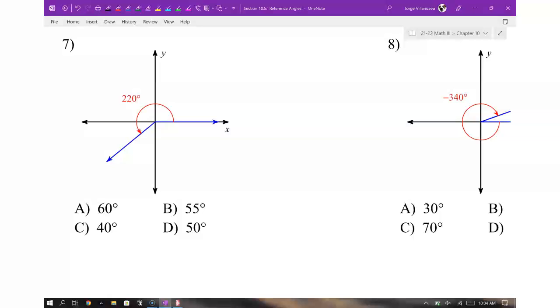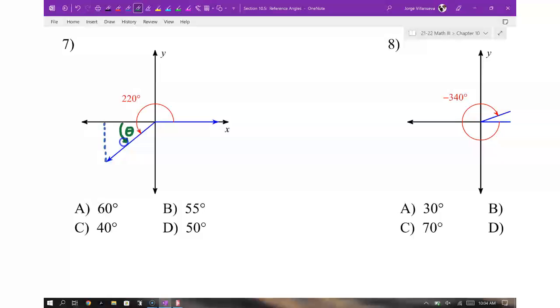So 220 degrees. Now, remember, you're supposed to reference up here. This angle is what I want. Let me not use blue there since they're using a blue. Let me use green. So my actual angle is 220 degrees.